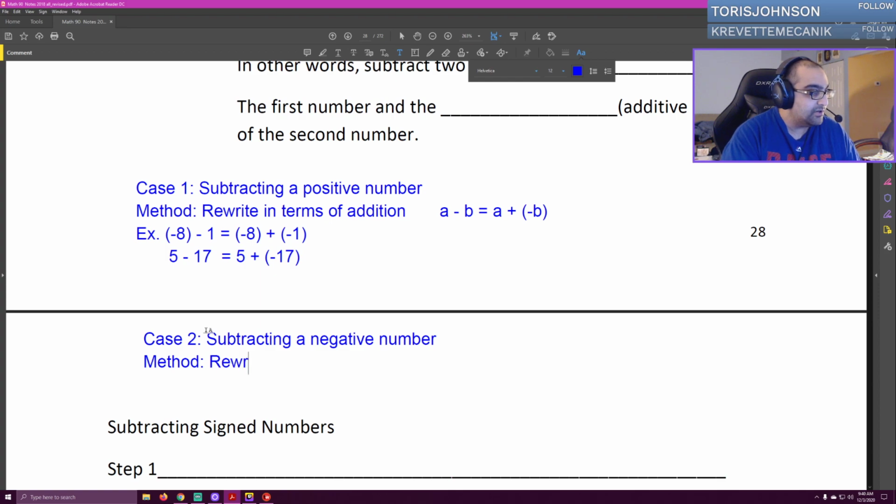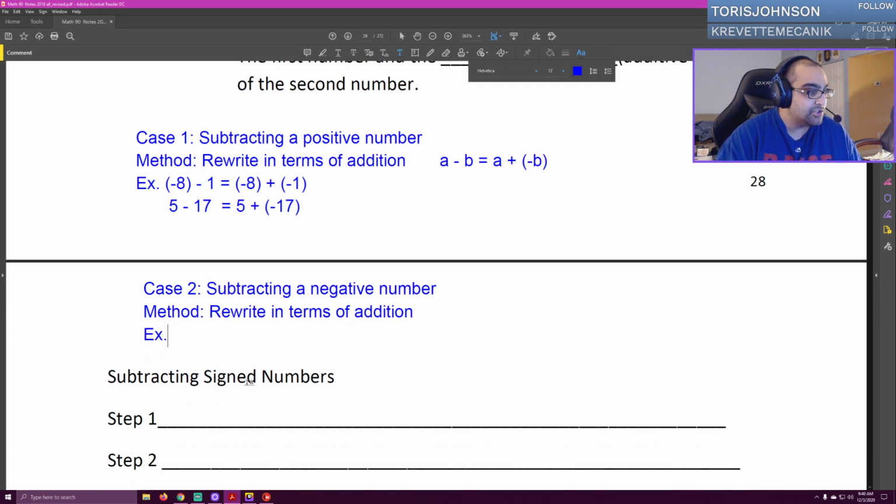So the method here is to, again, rewrite in terms of addition. How are we going to do that? Let's look at a couple of examples, and then I'll put the generic form on the right. So let's say, for example, I have, let's call it 3 minus -5.